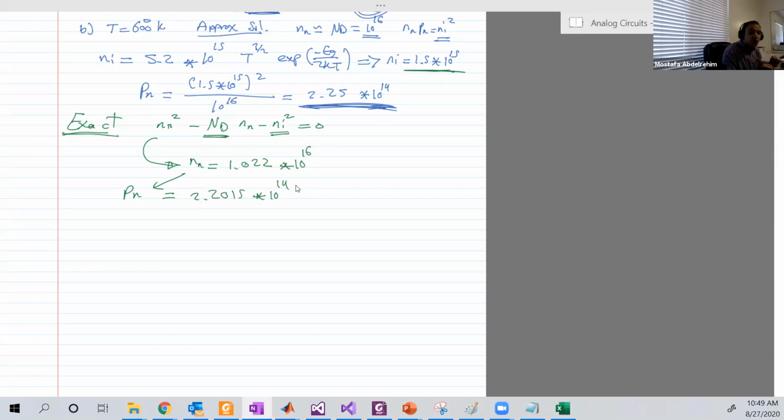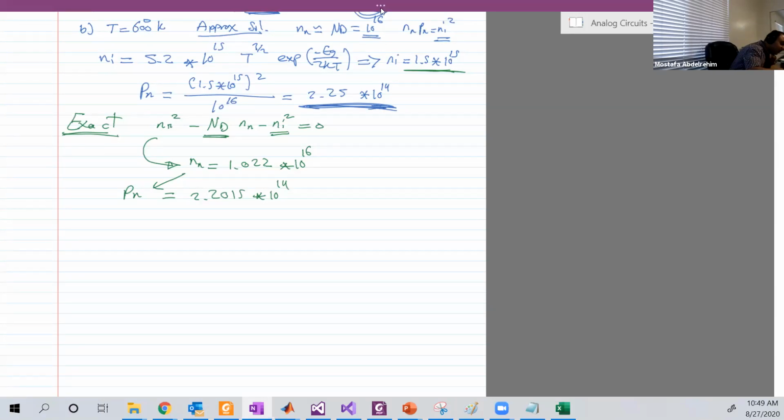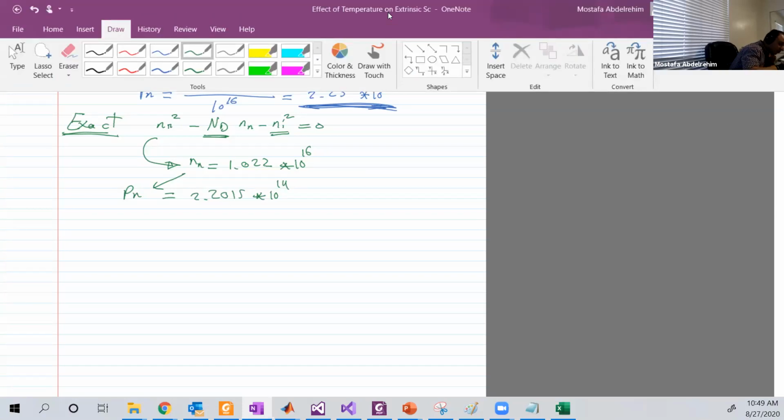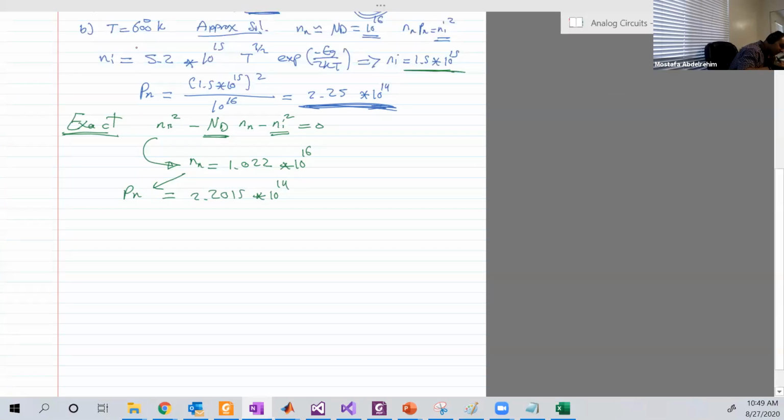But now let's do 800, and we will see a dramatic change here. Let's do it, for example, with red. So T equals 800 Kelvin. Approximate solution: Nn equals 10 to the power 16. I didn't do the calculation for Ni here. I'm sorry, I didn't write it down.